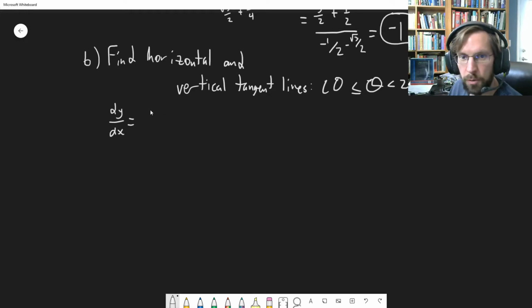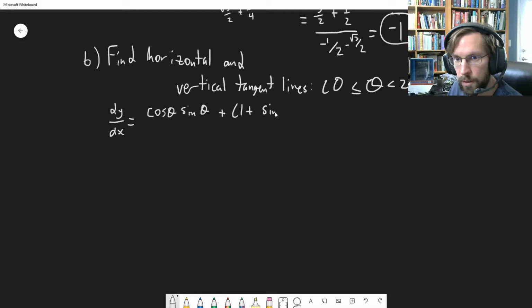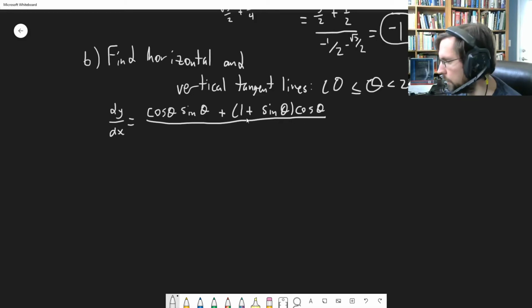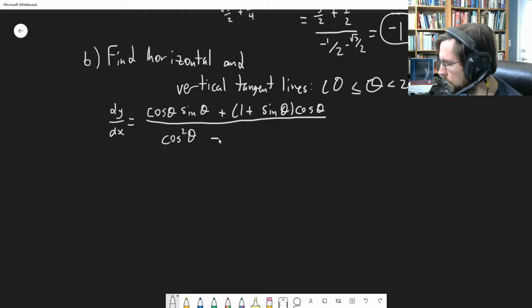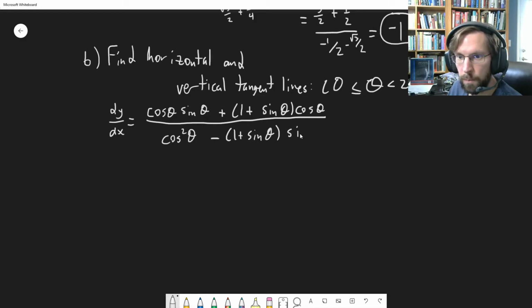Okay, so this should be cosine theta sine theta plus 1 plus sine theta cosine theta divided by cosine squared theta minus 1 plus sine theta sine theta.